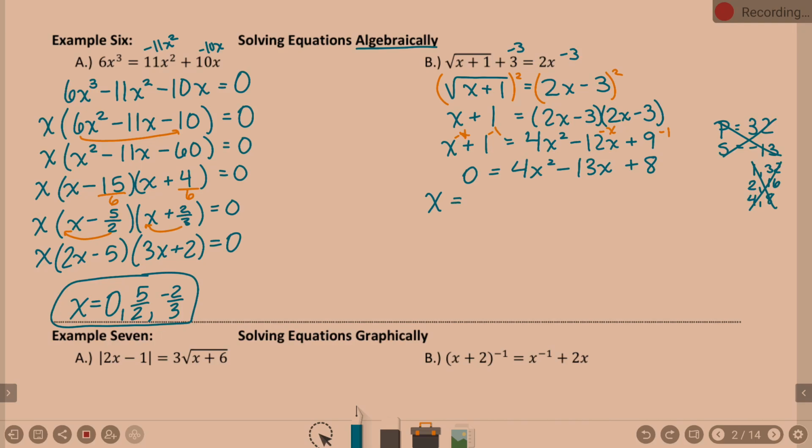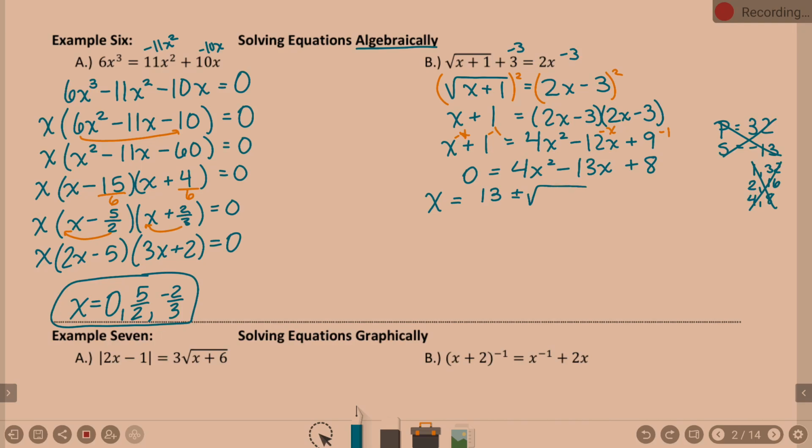What do we start with? X equals, no, I got a pink sheet. X equals negative B. What's negative B going to be? 13.